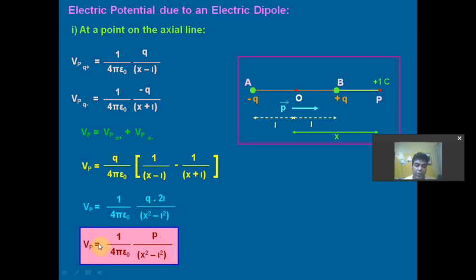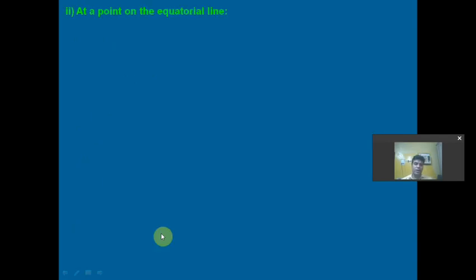So VP, the electrical potential at point P due to the dipole, is 1 by 4 pi epsilon naught P upon X square minus L square.